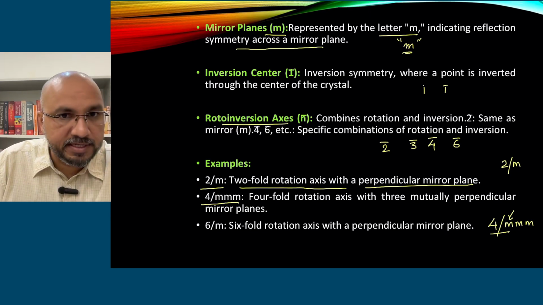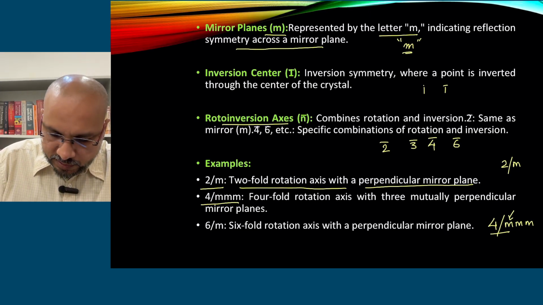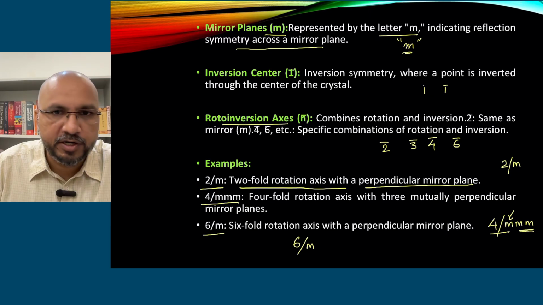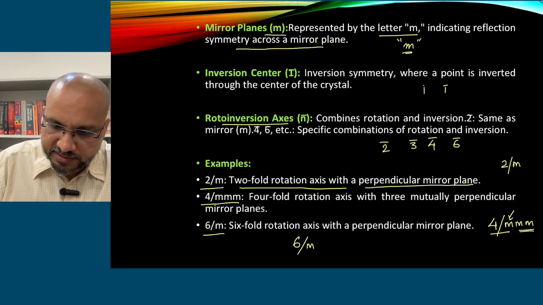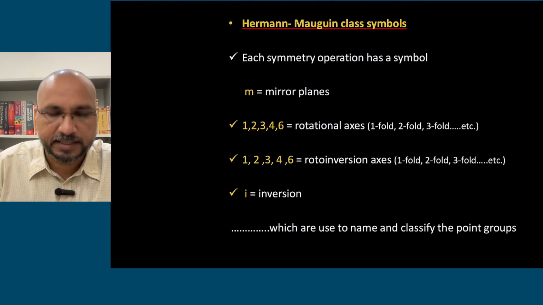Now what does 6 slash m mean? A six-fold rotation axis is there, and the mirror plane present is perpendicular to the six-fold rotation axis. So that is how you represent rotational axes and mirror planes.